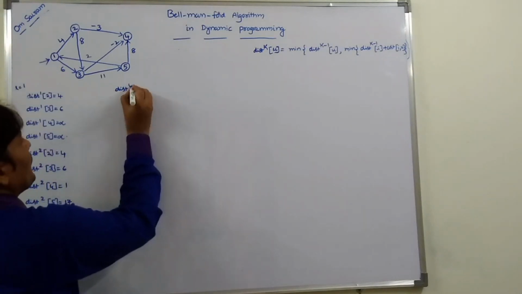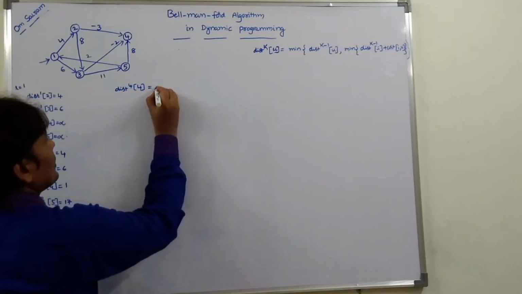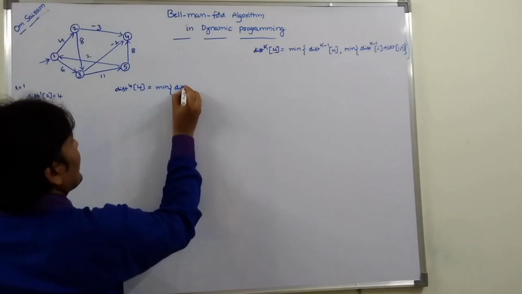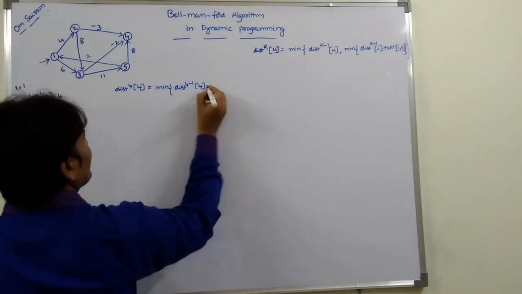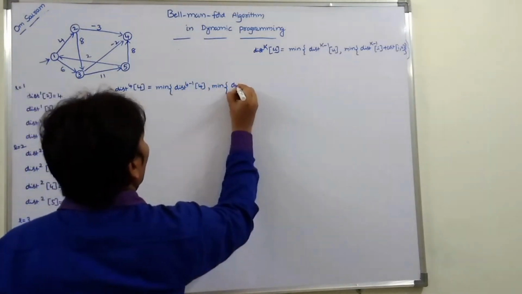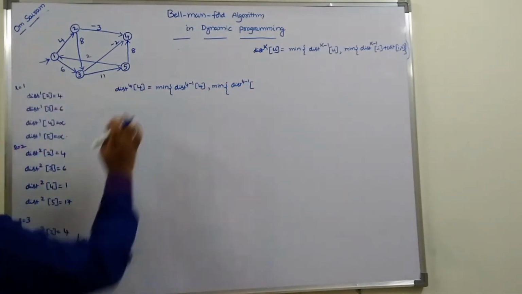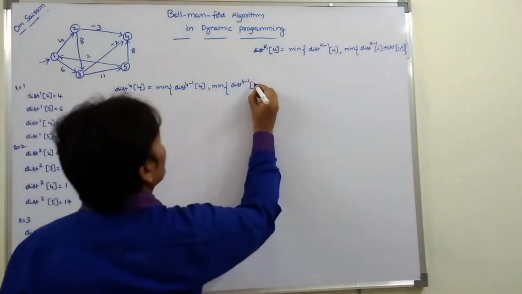DIST 4 of 4 is equal to the minimum of DIST 4 minus 1 of u value, which is 4, comma, the minimum of DIST 4 minus 1 of I value. I is nothing but every vertex except this vertex and the first vertex, so I takes the values 2, 3, 5.